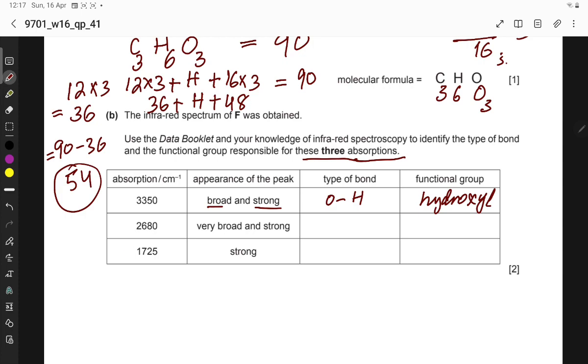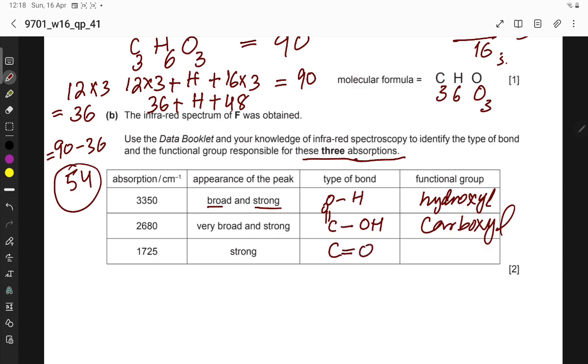And at 2680, the very broad and strong peak is of C=O and OH peak. It means that is carboxyl. And 1725, this is the functional group C=O peak.